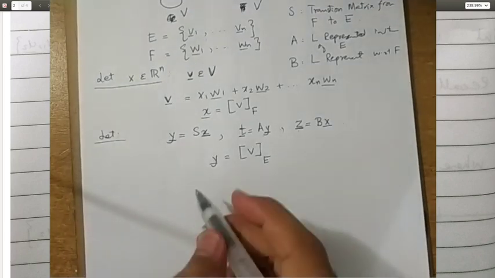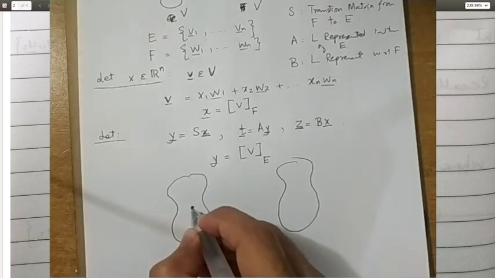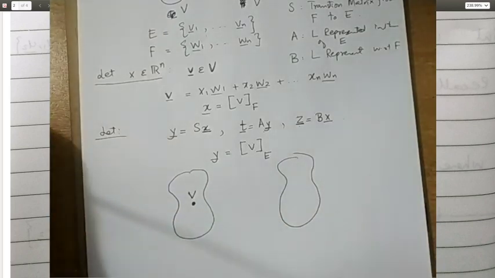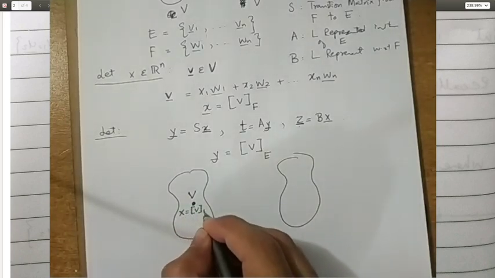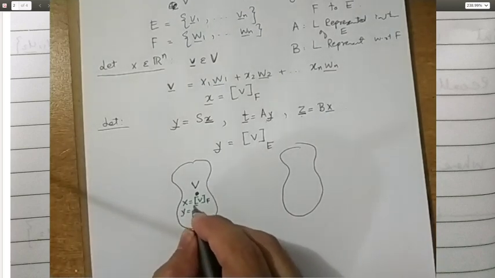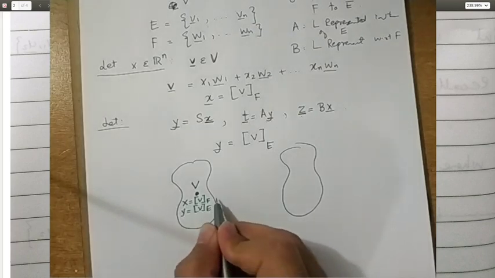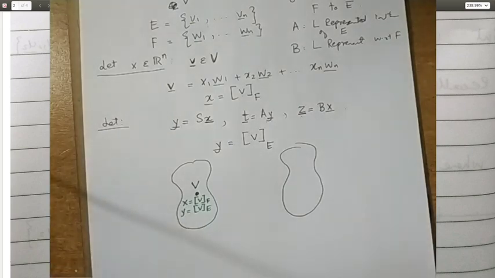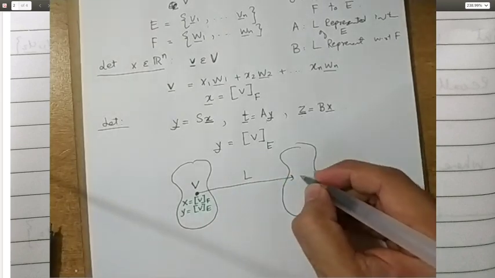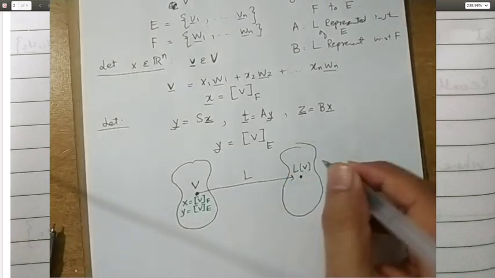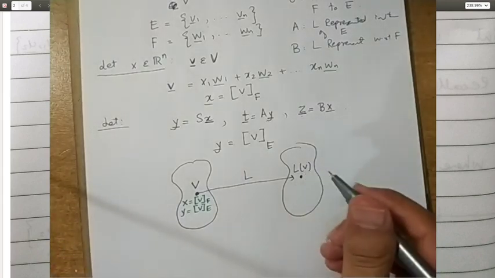So what essentially is happening is, you draw this diagram, you had this vector V, where X is VF and Y is VE. It's the same vector but different coordinates because you're using different bases. The vector is the same. If you map this by L onto L of V, then again this vector is in this space, but it can be represented two ways.